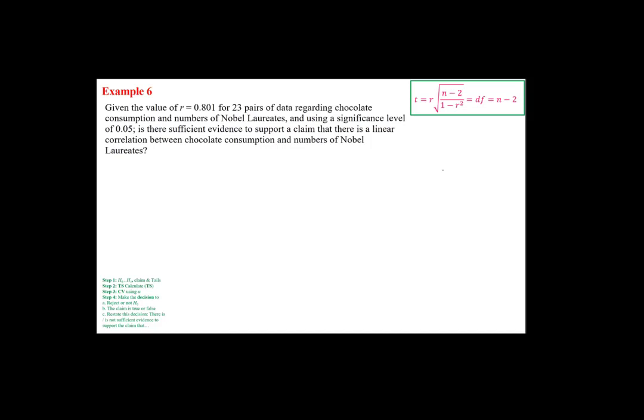Okay, class, remember, we have to calculate the R. It's given to us, so it makes life easier. So I hope you see that pretty much everything that we want is given. The value of R we need is given. N is given. Alpha is given.